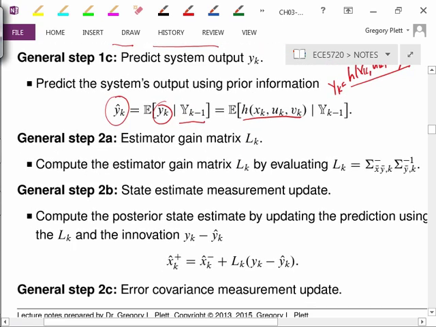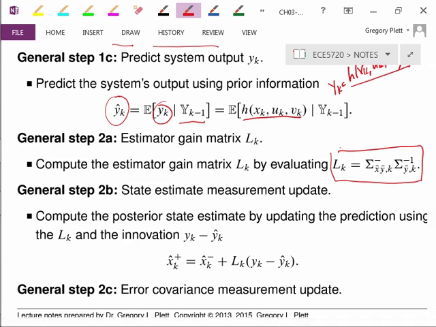The next step is to find the estimator gain matrix, and the estimator gain matrix was defined to be the cross covariance between the X and Y predictions multiplied by the inverse of the autocovariance of Y. At the moment, we can't go any further than this, but once I know the model of the system, the f and h equations, I can evaluate these, and I can evaluate L.